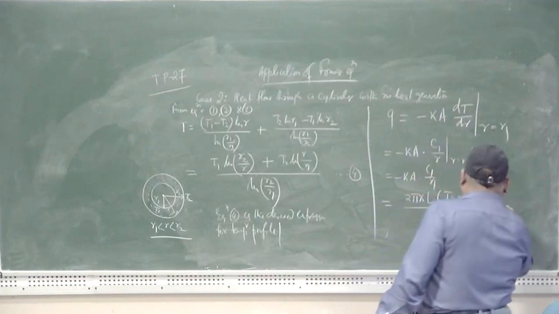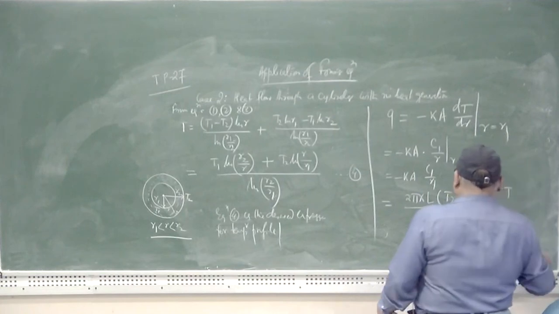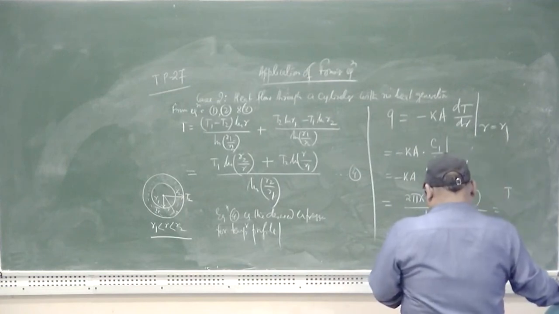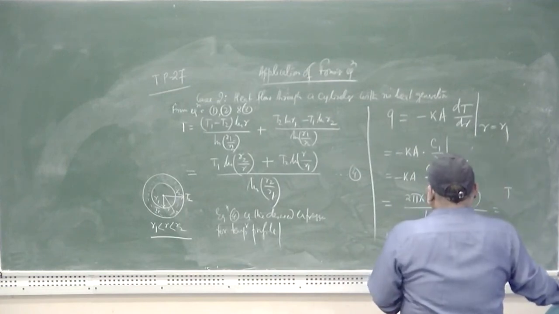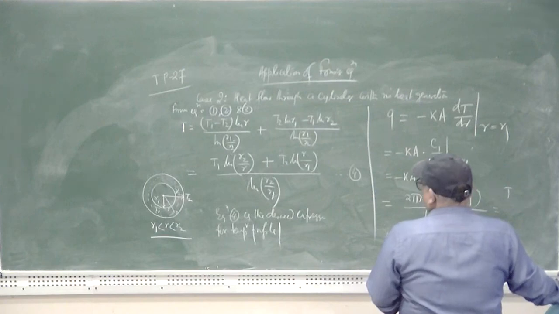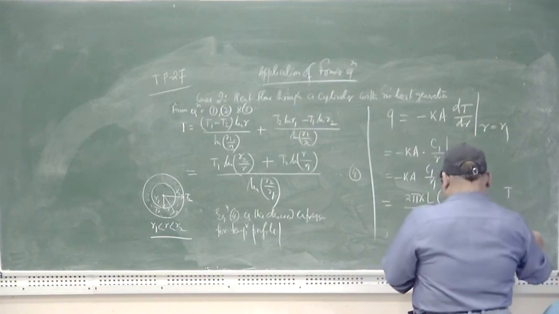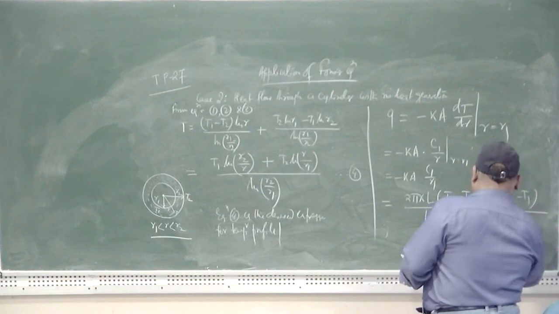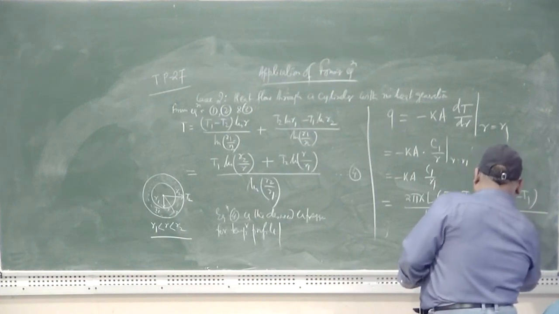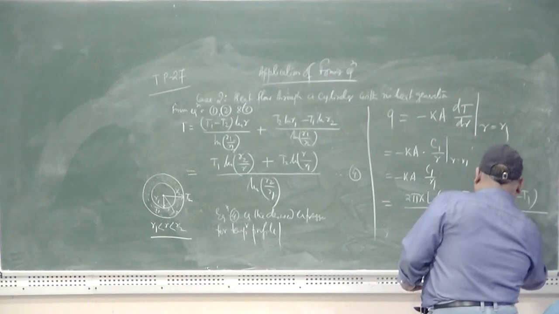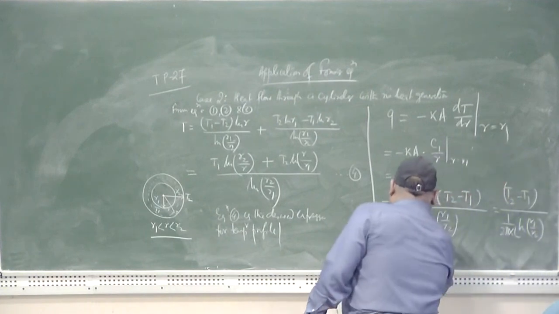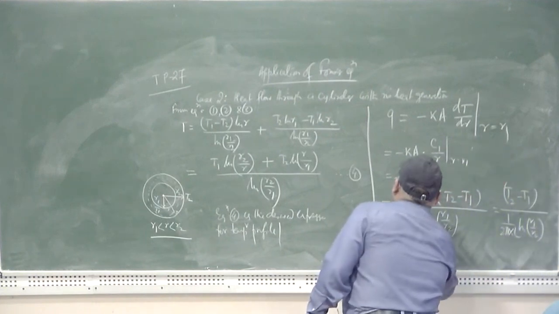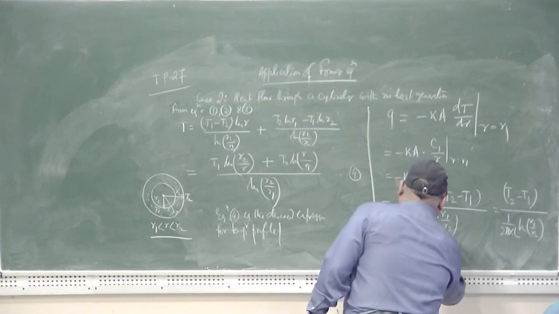So that can be written as T2 minus T1 divided by 1 upon 2 pi KL log R1 by R2, that is equal to T2 minus T1 divided by thermal resistance.